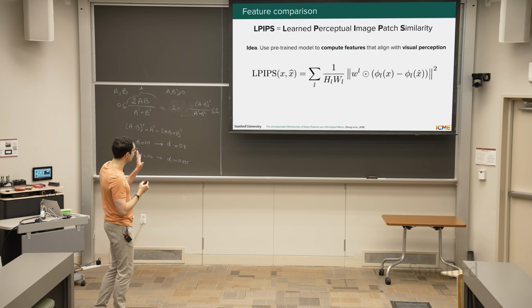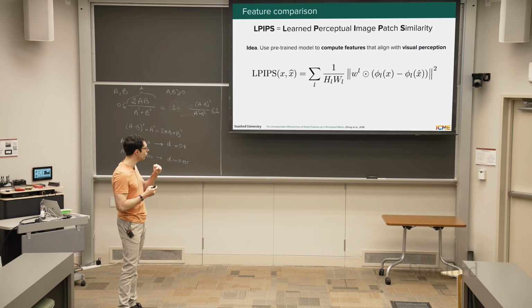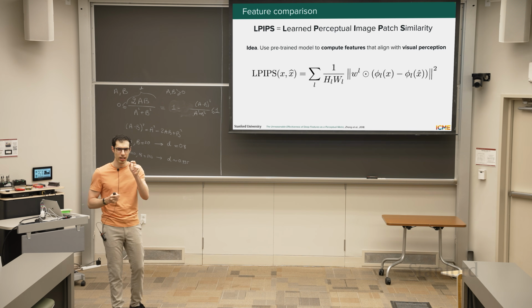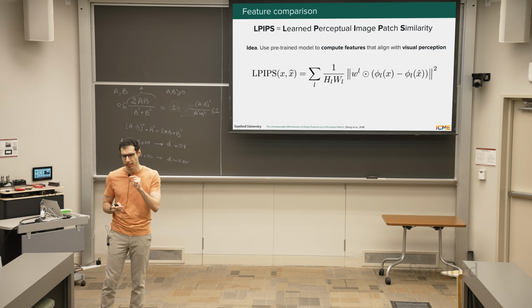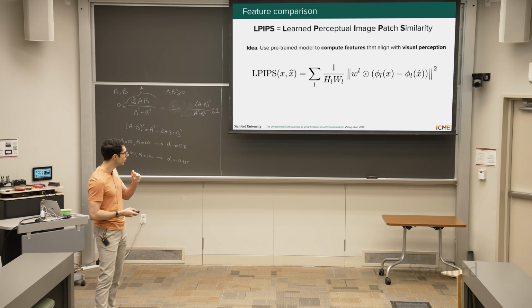And so here you have this distance between phi L of x and phi L of x hat, where L represents the layer of that pre-trained encoder.